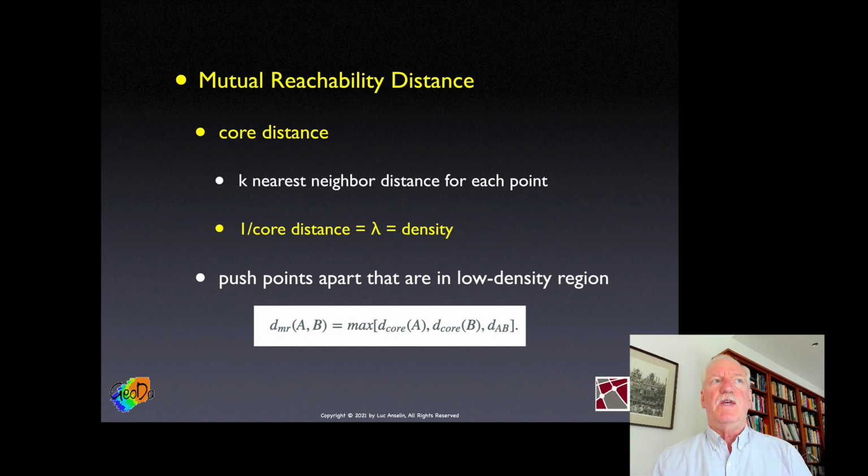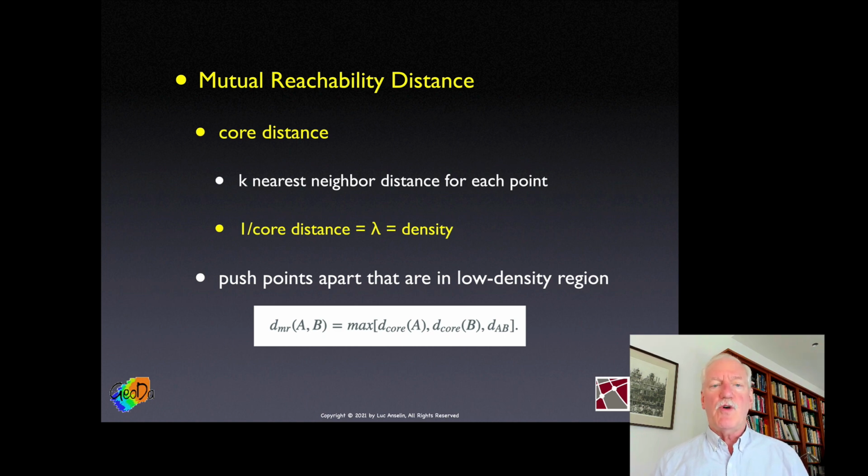And the idea here is that every point has associated with it what is called a core distance. And the core distance is, if you think of the nearest neighbor terminology, an adaptive bandwidth.